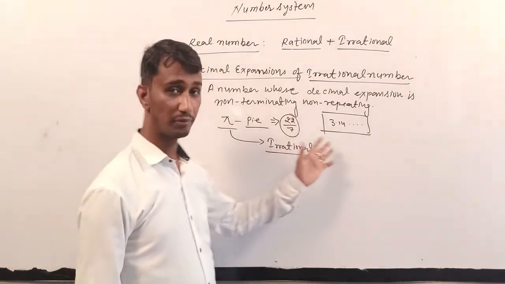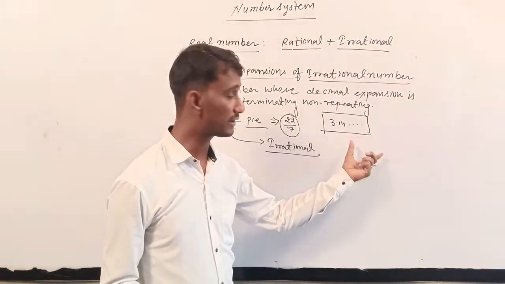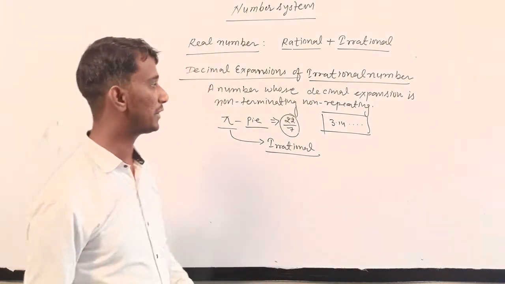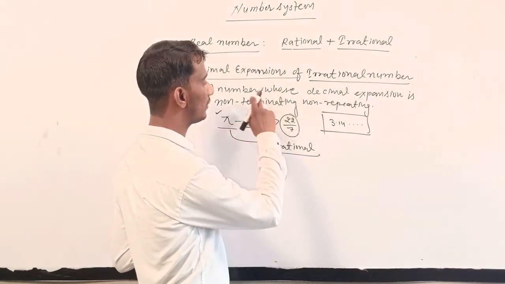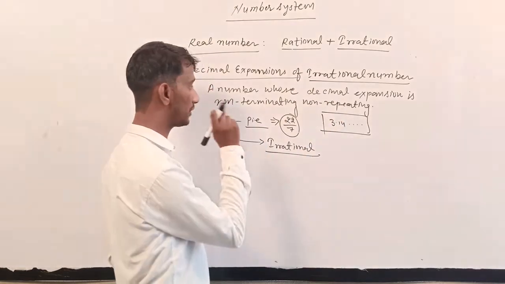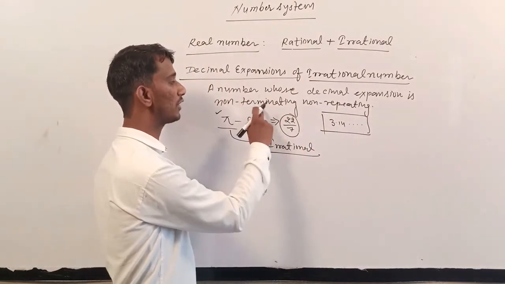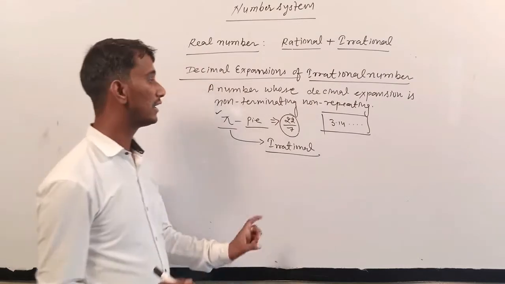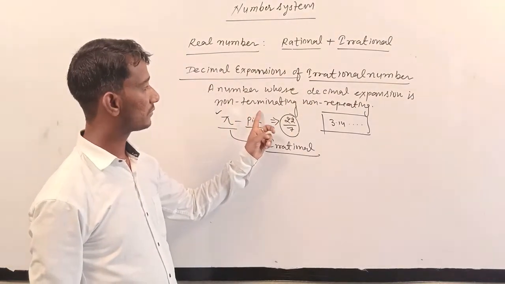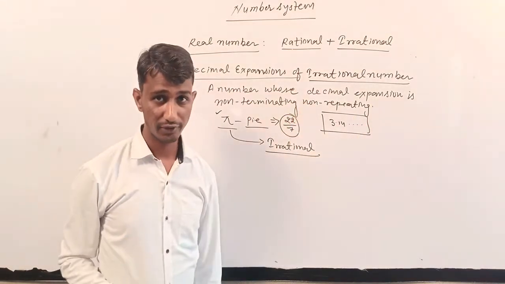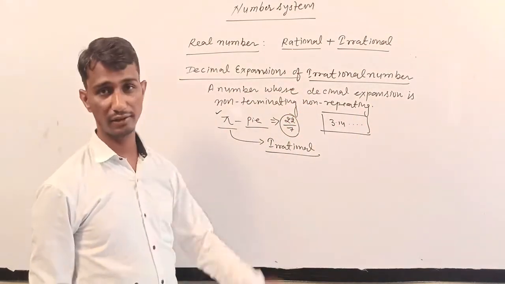Millions and billions of digits have been calculated by mathematicians, but pi is still non-terminating. The decimal expansion of pi is non-terminating, non-repeating, meaning division is not completed and also not repeated. So pi is an irrational number.